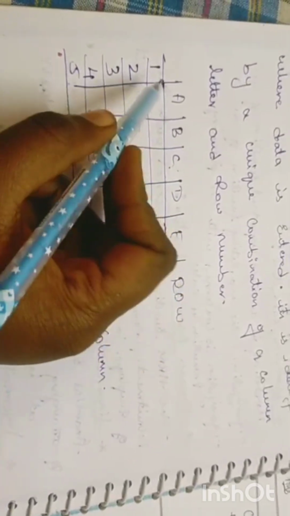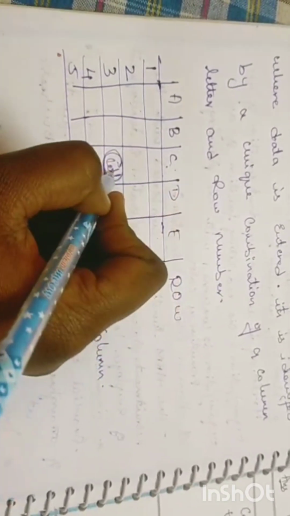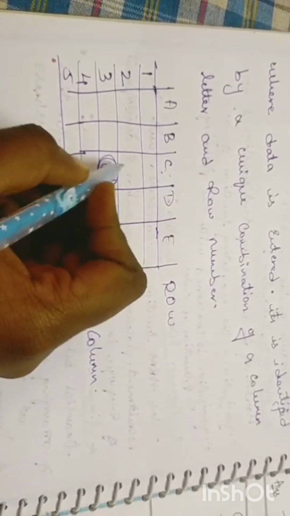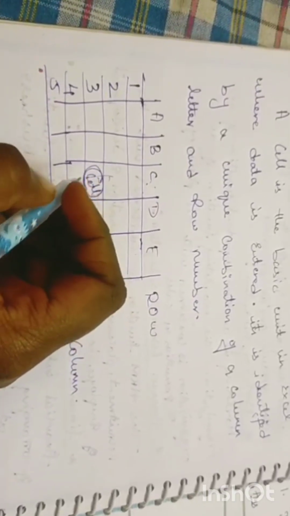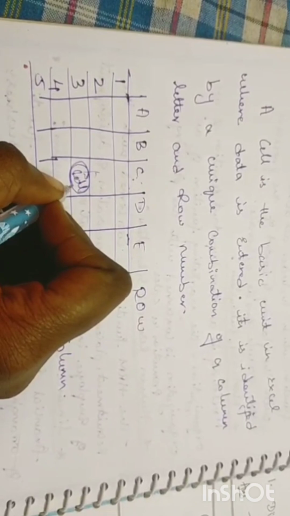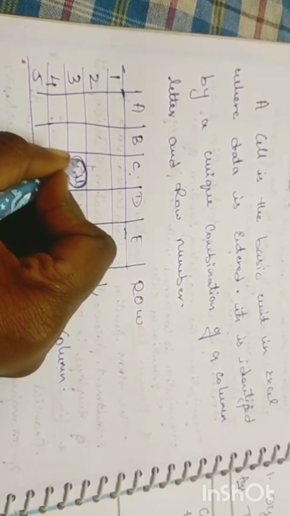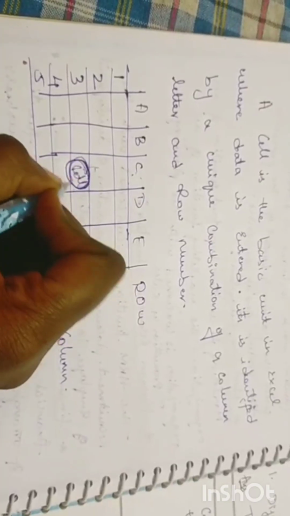See, in column C, row 3 we have entered something. So we say it is a combination of column letter and row number. It is the basic unit that we call a cell.